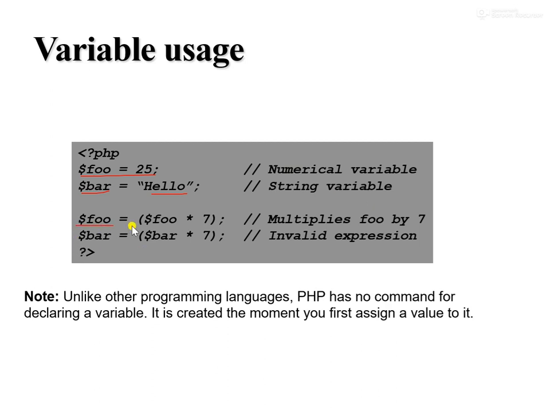Here foo is multiplied by 7, so foo is 25 multiplied by 7, and whatever the answer is, that value will be assigned to foo. And bar is assigned bar multiplied by 7. Now bar is a string variable and we cannot multiply a string with a number. So this will generate an error as an invalid expression.